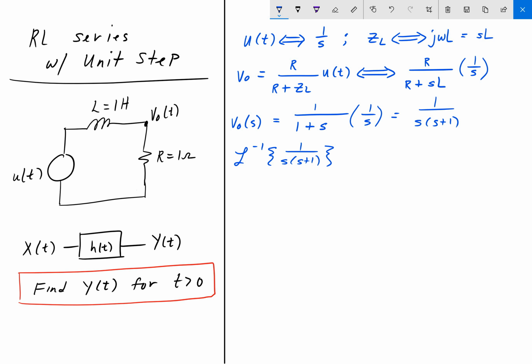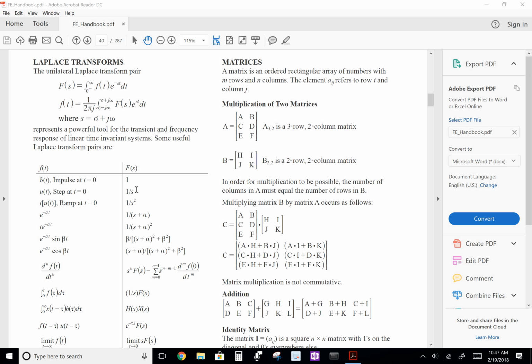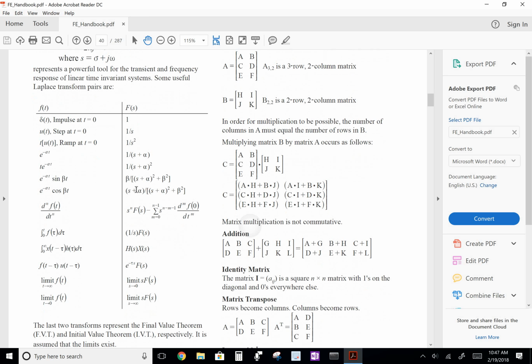I say simply, but it's actually a little bit more involved than that. We're looking for a time domain function that takes this form of 1 over s times s plus 1. If we go back to the FE handbook, we can explore this chart some more, and we have 1 over s plus alpha right here.